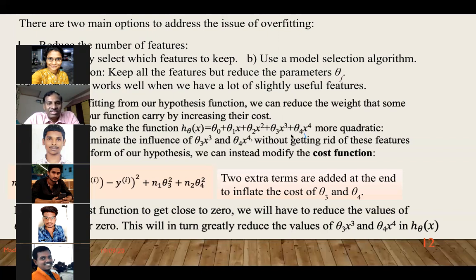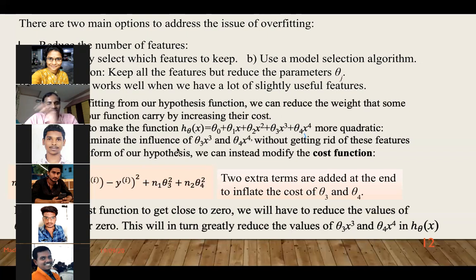You cannot change x values, right? What can you change here? Only theta values, because you are finding the theta values. X is the observed value that you cannot change. So for the contribution of x cube and x power 4 terms to be less, you need to get small values of theta 3 and theta 4. They still contribute, but they are very small values. Then it becomes more quadratic, meaning the maximum contribution comes from the x and x square terms only.